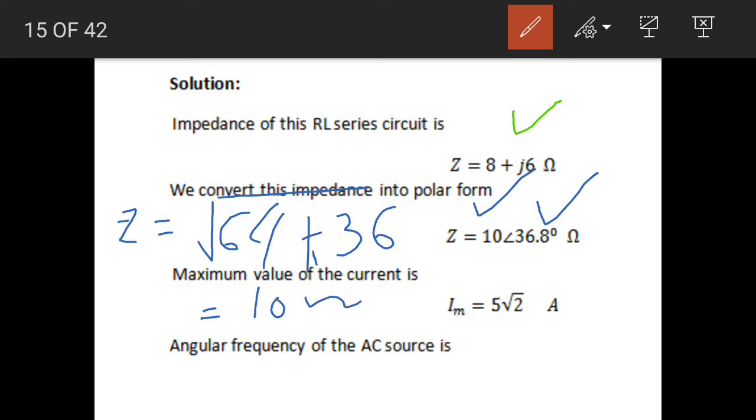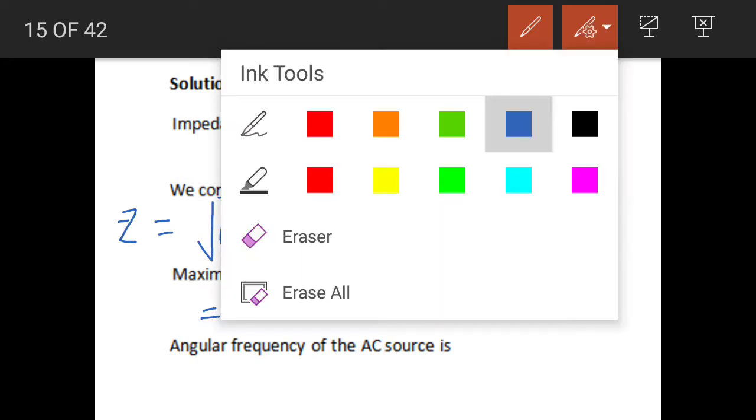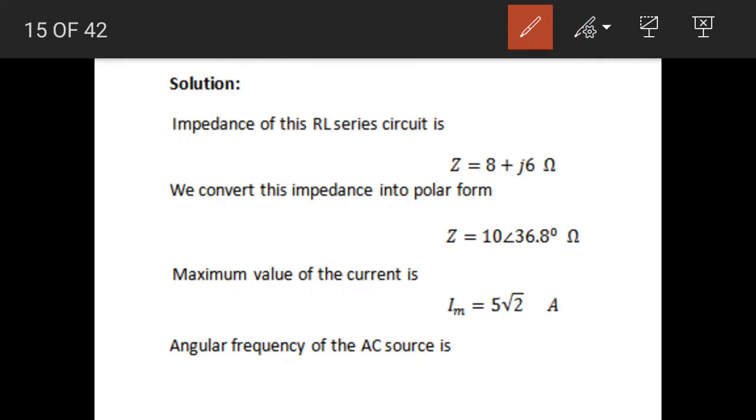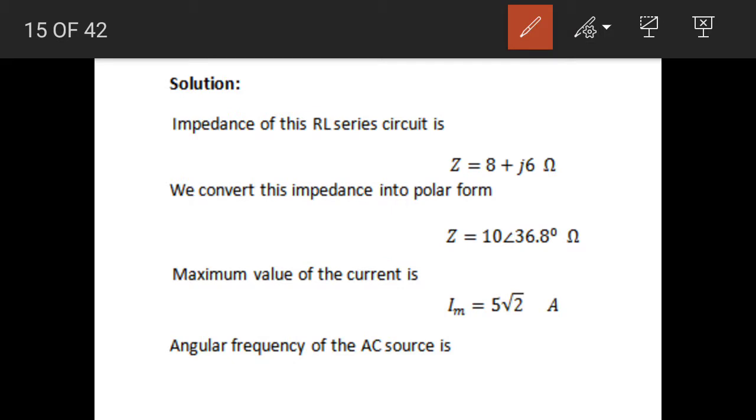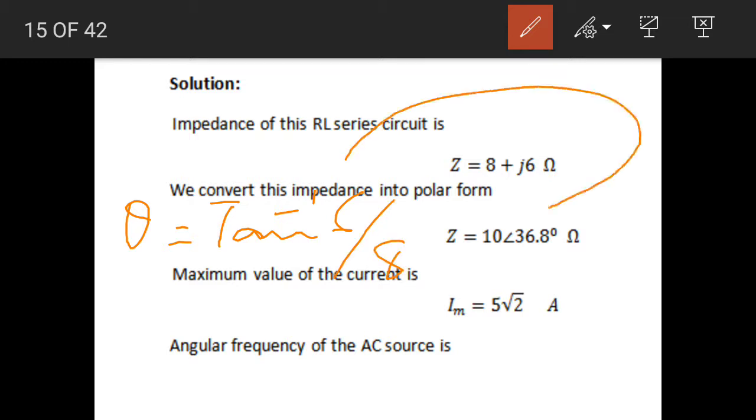So we can calculate the impedance with the help of this particular equation, and we can find out theta with the help of this particular equation. Theta will be equal to tangent inverse 6 by 8, and if we calculate this angle theta, that will be equal to 36.8 degree.